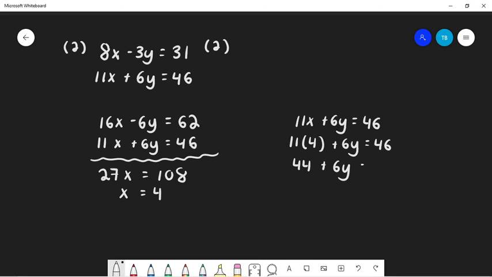Plus 6y equals 46. Subtract both sides by 44. So 6y equals 2. And then just divide both sides by 6. And then y is equal to 2 over 6, which simplified is 1 over 3. So the solution to this system of equations, x equals 4 and y equals 1/3.